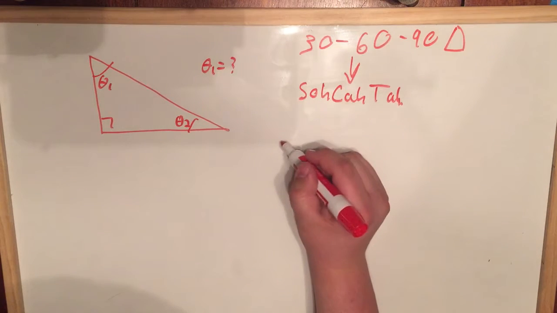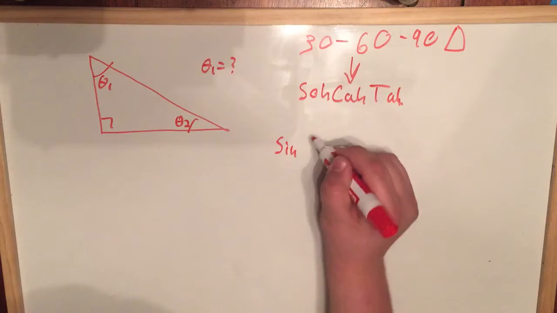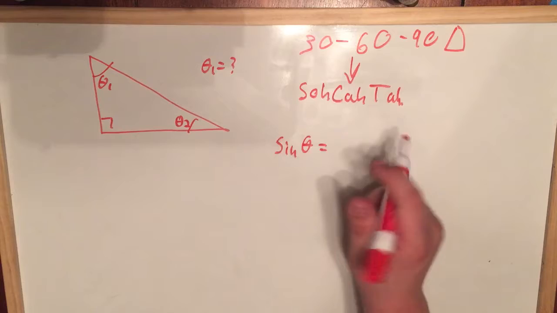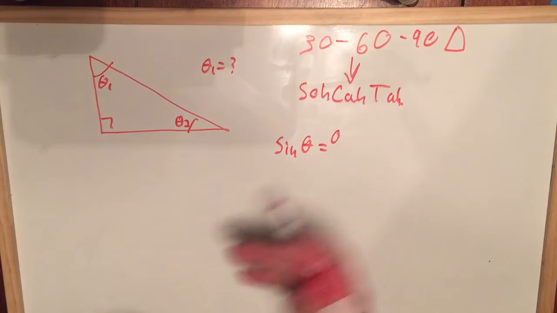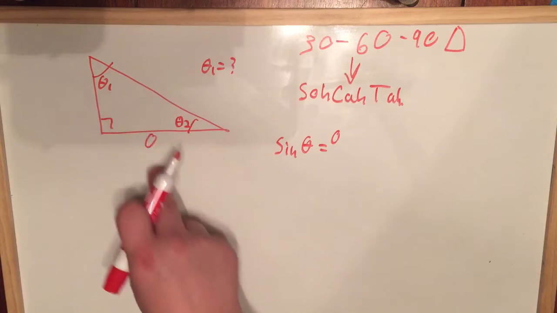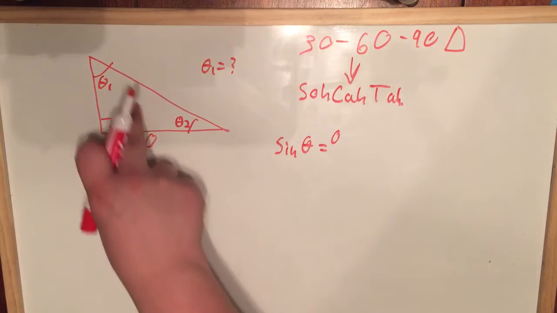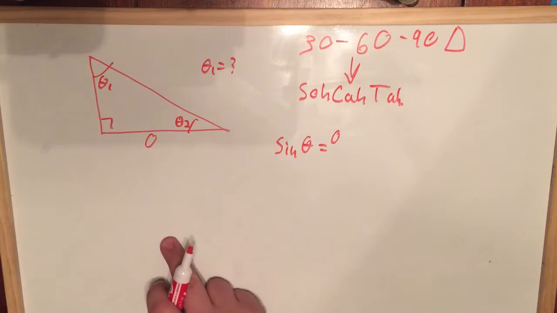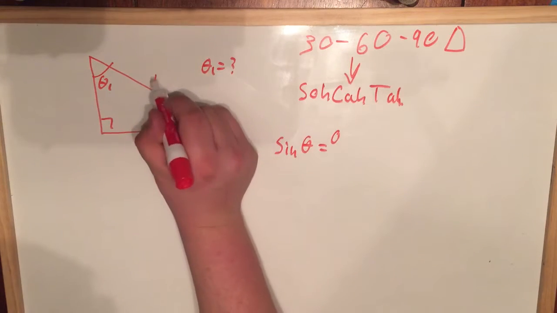So we're going to use theta 1 as our main angle. So we're going to just call it theta. So sine of theta equals, the O means opposite. I'm just going to call it O, and that means this is the opposite of theta 1. That's the opposite of this exact angle. And then what this H means is the hypotenuse.